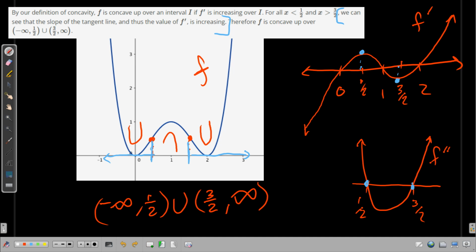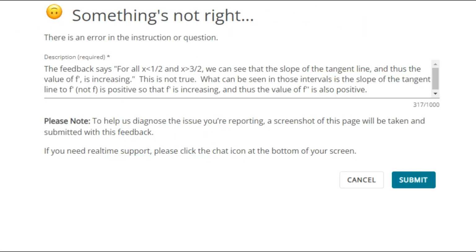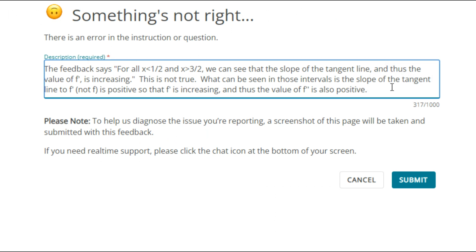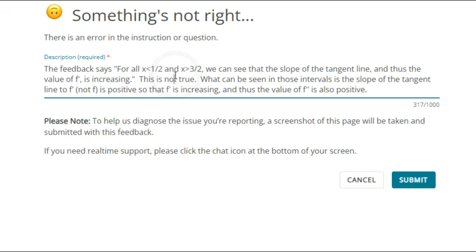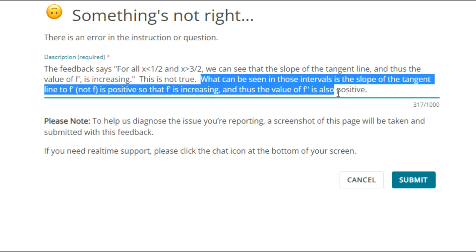However, this statement that they've made is not right, and I've written a letter here to tell them that it's not right. What we can see is not that the slope of the tangent line is increasing. It doesn't matter if the slope is increasing.